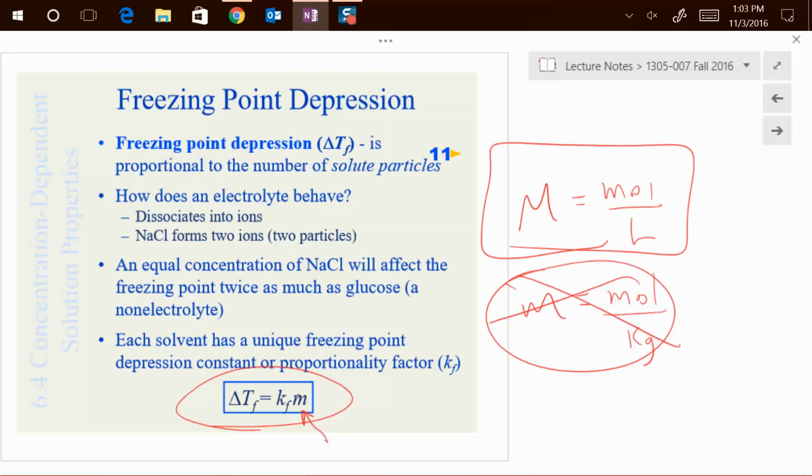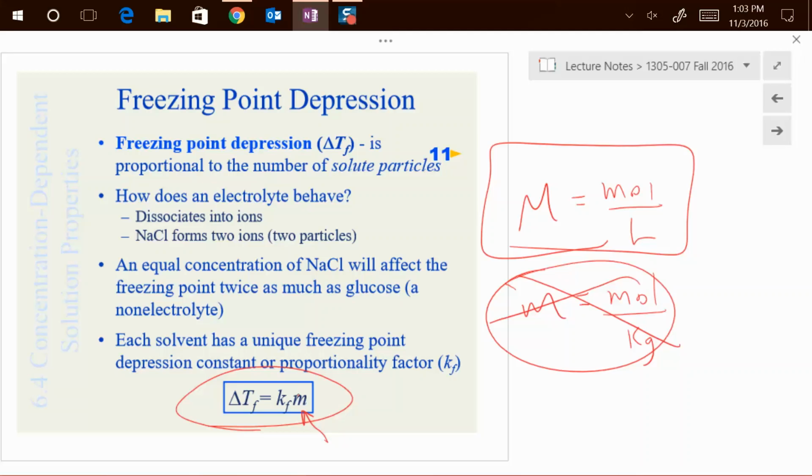But all I'll ever give you are water solutions to do this with. You don't have to worry about whether it's molality or molarity. You can just consider it to be molarity for all these equations.